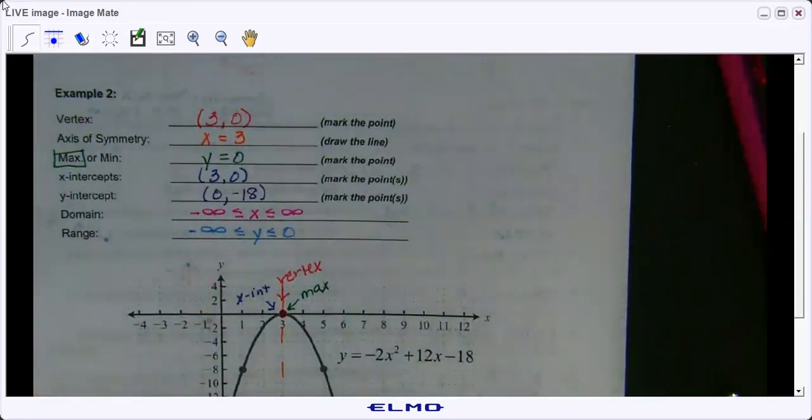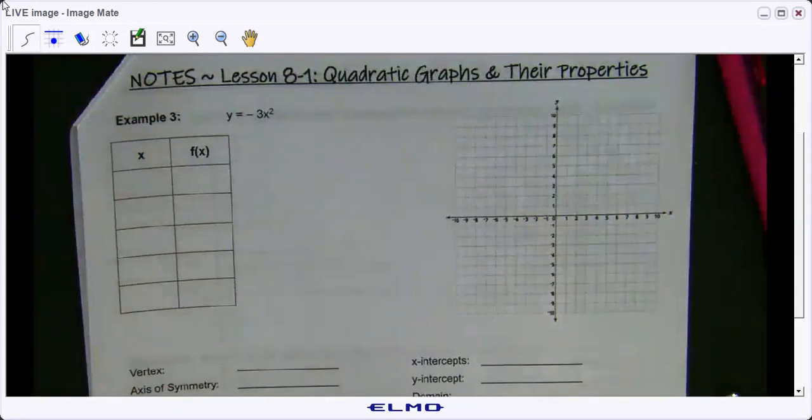Okay, so we're going to go now to page 3, where we are going to graph a parabola. So let's go ahead and flip. Now, I don't think I could say this enough. When you're graphing a parabola, you get to choose your points. But you want to try to choose points that make sense.